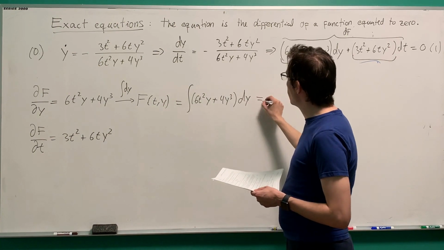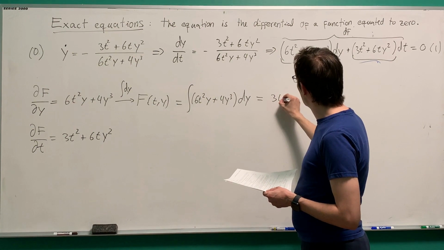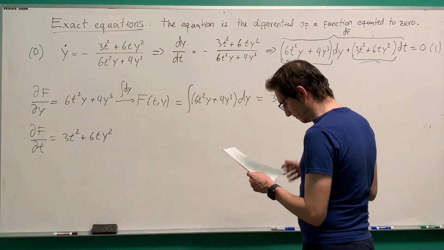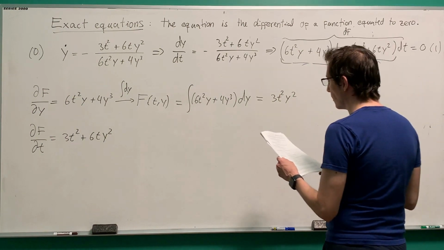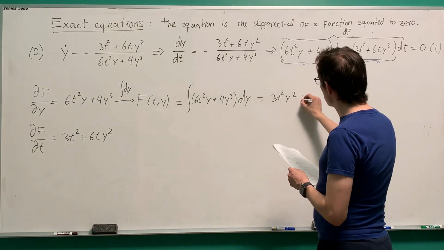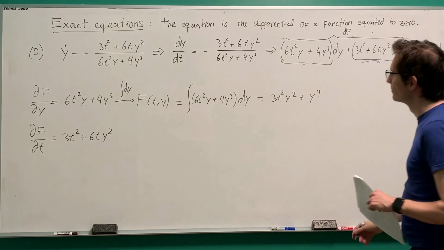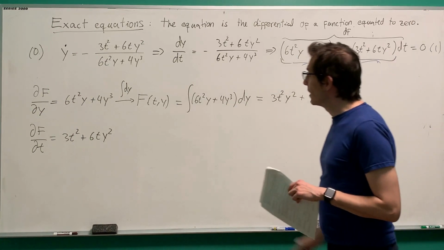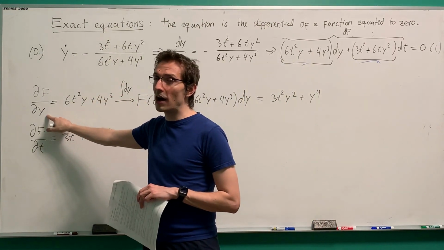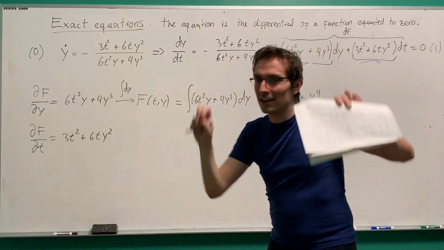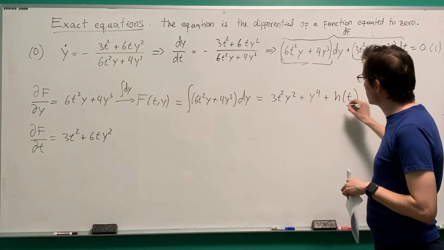We do that and we get that this thing is 3t squared y squared plus y to the power of 4. But again, remember that there can be an integration constant, but because this came from a partial derivative with respect to y, that constant is not really a constant, it can depend on t. So there's an h of t in there.